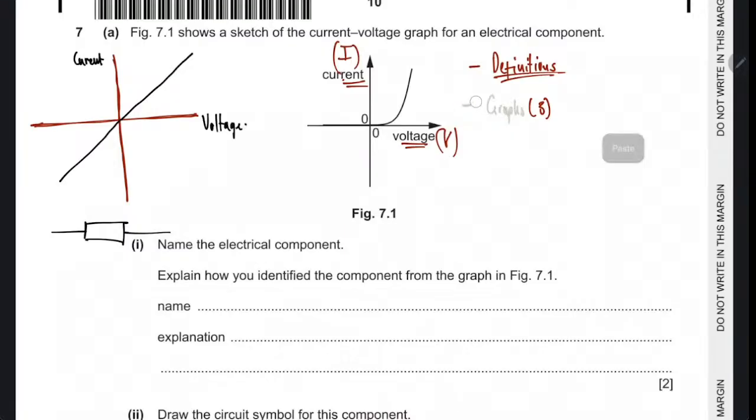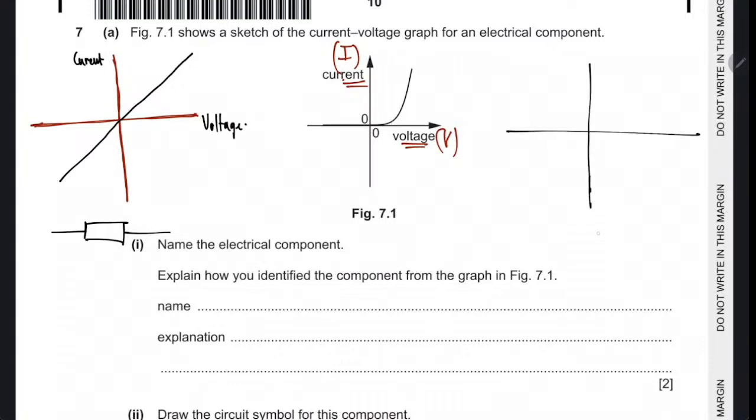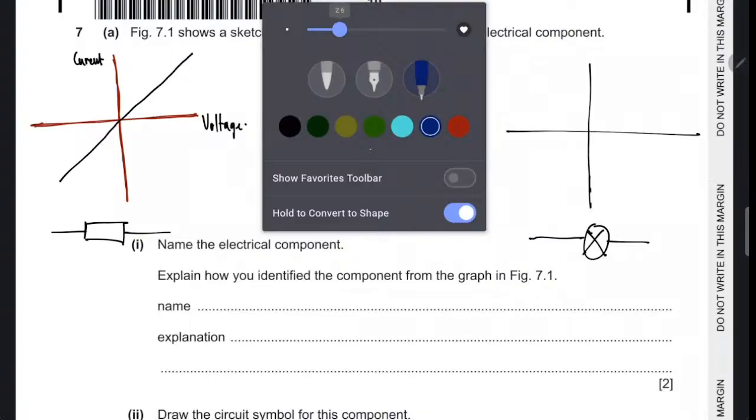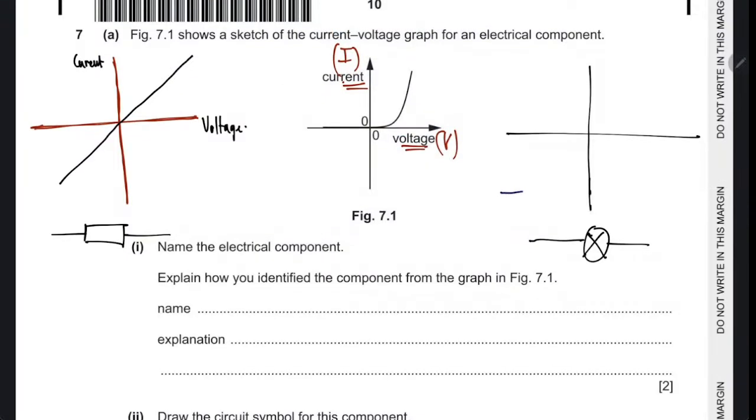Then the second graph you must know is for a bulb, or a filament lamp, which is just your lamp like this. A lamp is a resistor anyway. So here we are just dealing with resistors, but for this type of resistor, the graph is like this. It comes in, then curves up, then passes through the origin, then curves again.